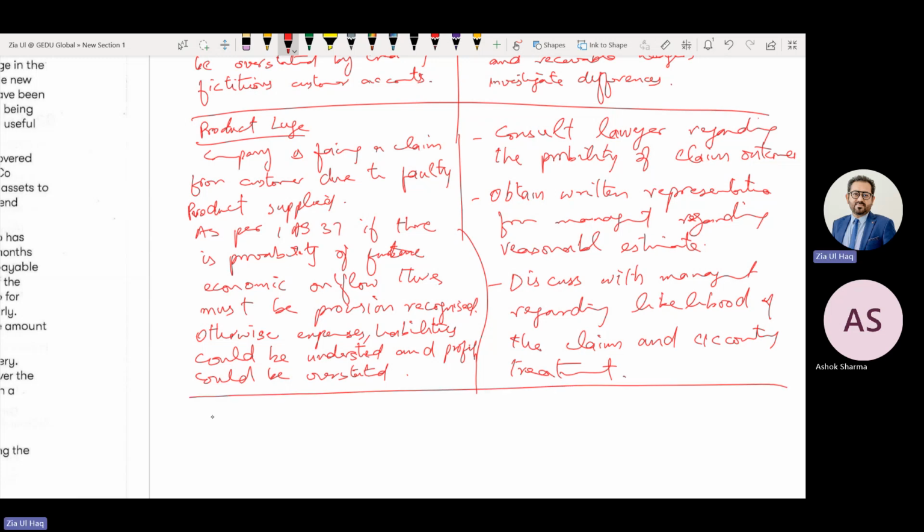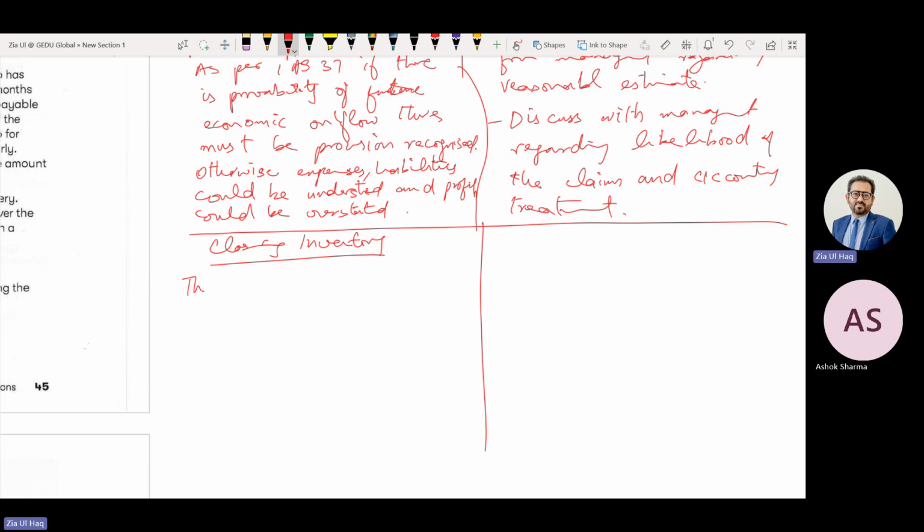And there is some issue of inventory as well. Closing inventory: the product launch is halted and still remains in the warehouse.